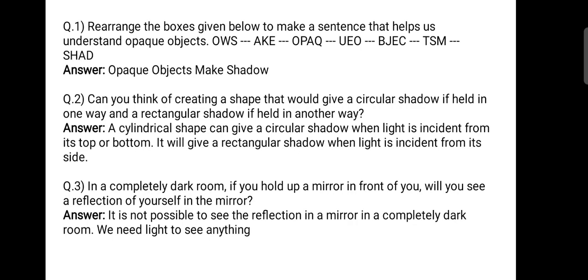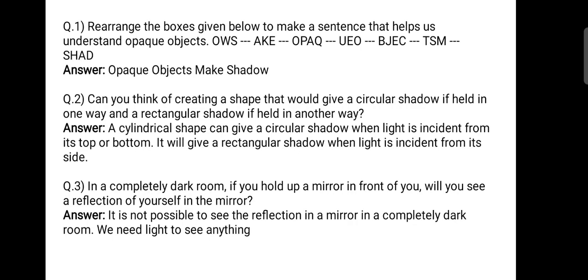If you rearrange these in a proper sequence, you will get four different words, and a meaningful sentence will be formed. The correct sequence of the sentence is: opaque objects make shadow. You can also try with some other words and form a meaningful sentence.